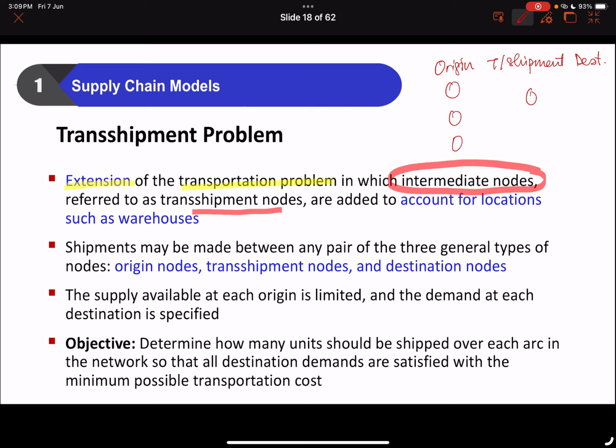Let's say this is 2 and this is 4. We can have origin to transshipment, and we can have transshipment to destination. Again, supply at the origin is limited.